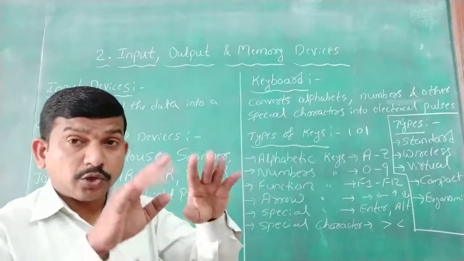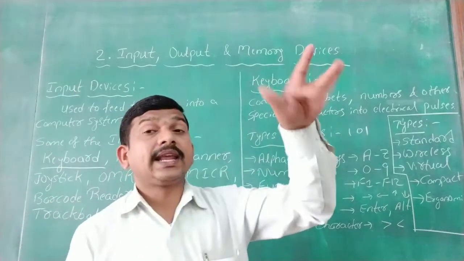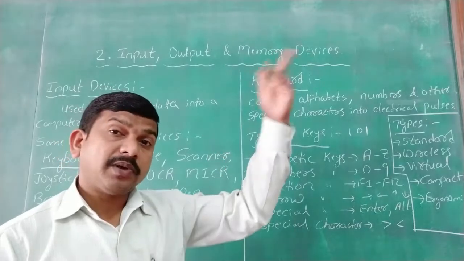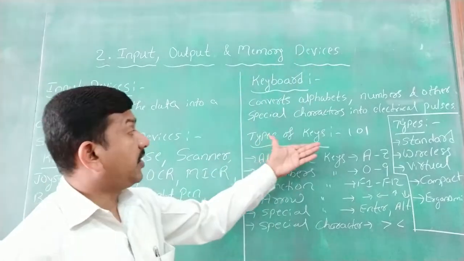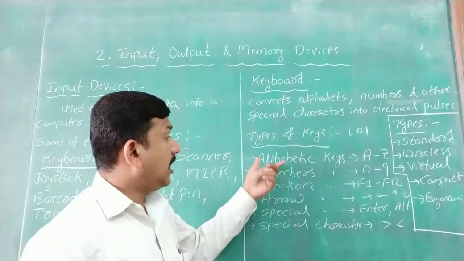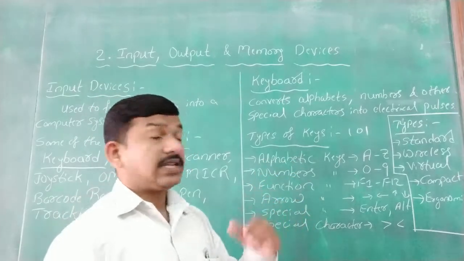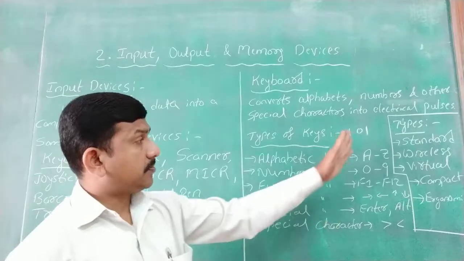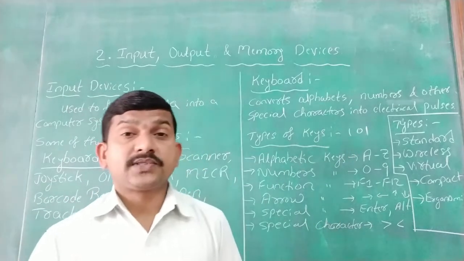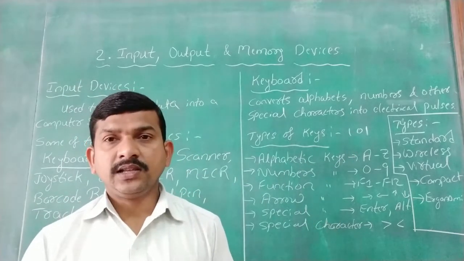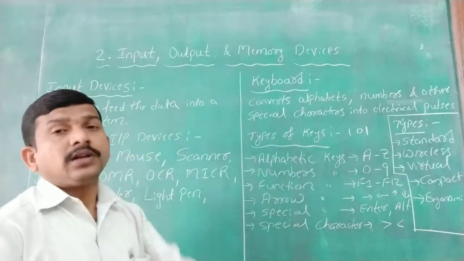It converts whatever you press into electrical pulses that are understood by the computer system. You have seen different types of keys: alphabet keys, number keys, function, arrows, special keys, as well as special characters. And lastly we discussed different types of keyboards. Is it clear?